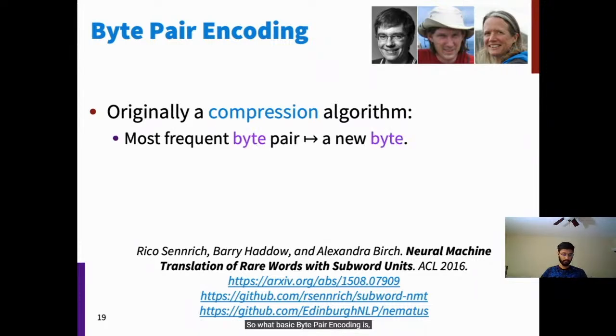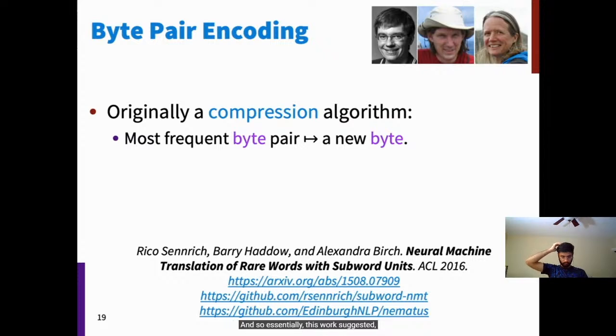So what basic byte pair encoding does is, you've got a collection of stuff with bytes, and you're looking for the most frequent sequence of two bytes, and you say, okay, I'm going to add that sequence of two bytes as a new element to my dictionary of possible values, and that means I can have 257 different values for a byte, so to speak, so that I can shrink the length of my sequence, and I can repeat and do that again.